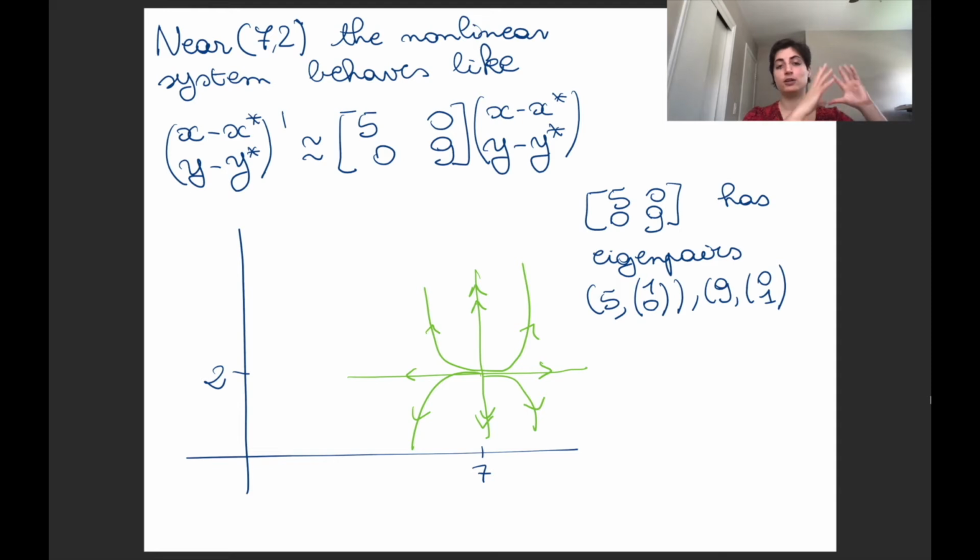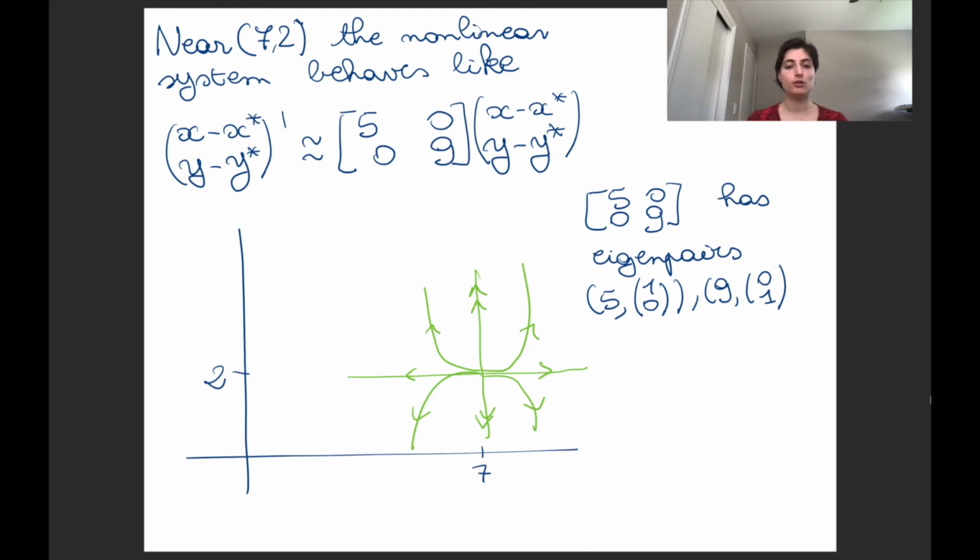So we go from a nonlinear system to a system that near 7, 2 behaves like (x minus x star, y minus y star) prime equals the Jacobian at 7, 2, which is 5, 0, 0, 9, times (x minus x star, y minus y star).